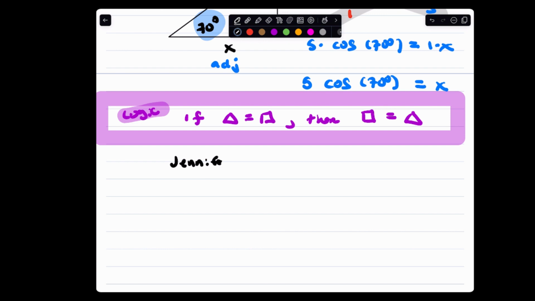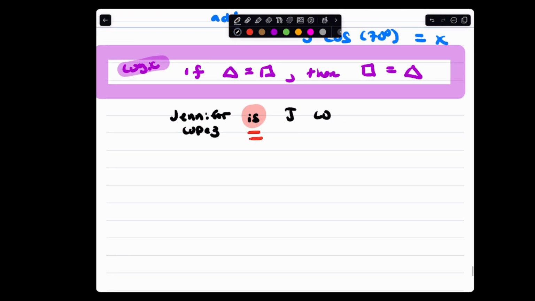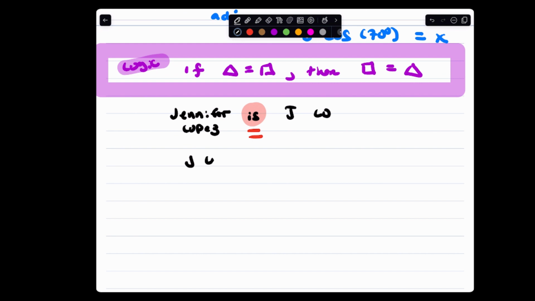Jennifer who? Jennifer Lopez is who? J-Lo. Okay? Do you guys happen to know the word is short for what? That's an equal sign. Jennifer Lopez is who? J-Lo. So if Jennifer Lopez is J-Lo, what can you say? J-Lo is who?